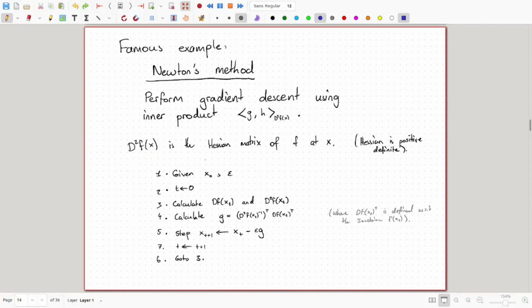So in Newton's method, we start at some initial point, pick some epsilon step size, set time to 0, and calculate the derivative, so the Jacobian, and the Hessian. Then we invert the Hessian and take its transpose. This is just what we were doing before, and then we also take the gradient, the derivative transpose.